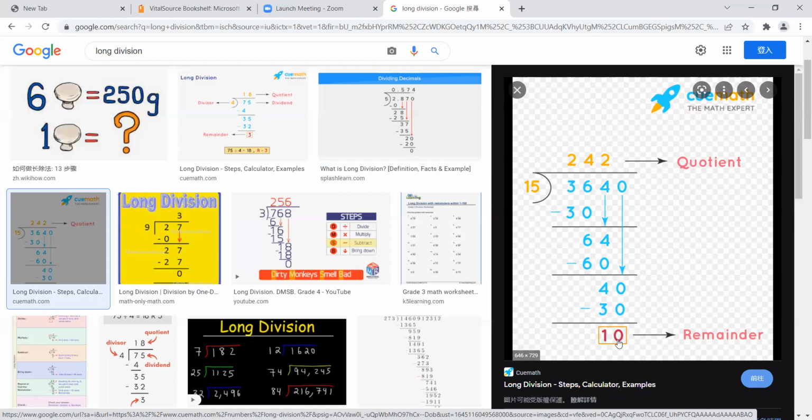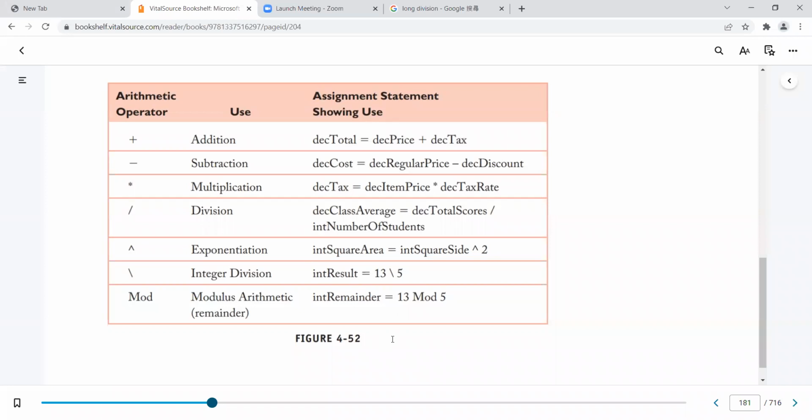Okay, only when you know how to do long division, you will understand the remainder idea, the modulus idea. Okay, I assume everybody passed math 134, so you can register for this class. Okay, so you got the idea. MOD, the modulus, is only for integer with integer.